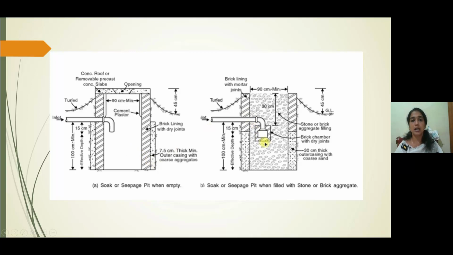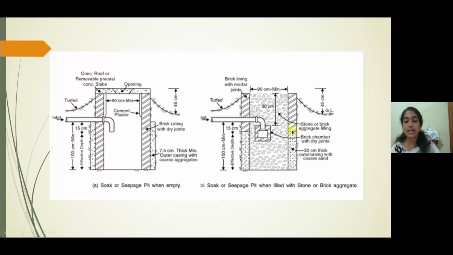The next figure shows the soak pit filled with coarse aggregate, that is brick or stone aggregate, as a filtering media. Here you can see brick lining with mortar joints provided at the top of this soak pit. The inlet pipe is provided at a depth of 30 centimeter from the top of the soak pit, and the diameter of the soak pit is a minimum of 90 centimeter.